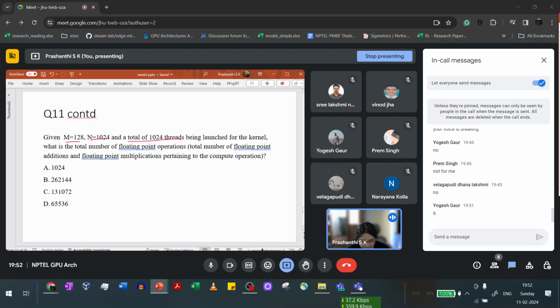So it's very similar to the previous question that we solved. Think about how much work each thread does and how many threads you have. That's all you need to solve this kind of question.